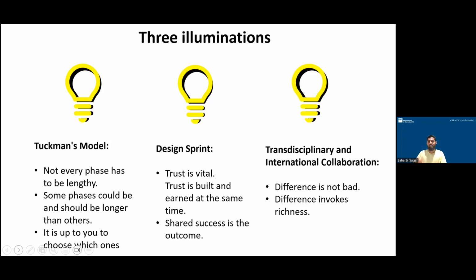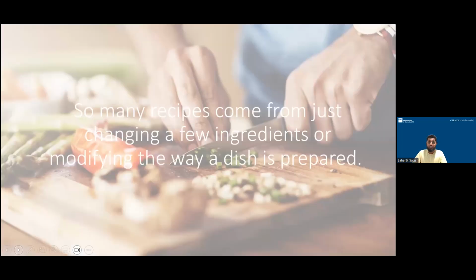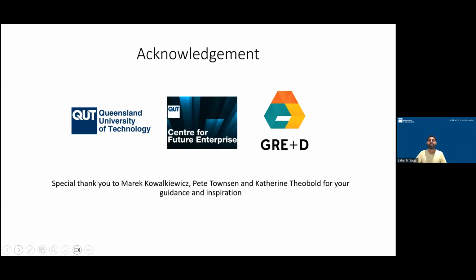This is the international dimension. Finally, from our experience, when approaching sustainable issues, we need to consider the idea of self-transformation and nudging when engaging with multicultural and multidisciplinary teams. To wind it up, we would say so many recipes come from just changing a few ingredients or modifying the way a dish is prepared.